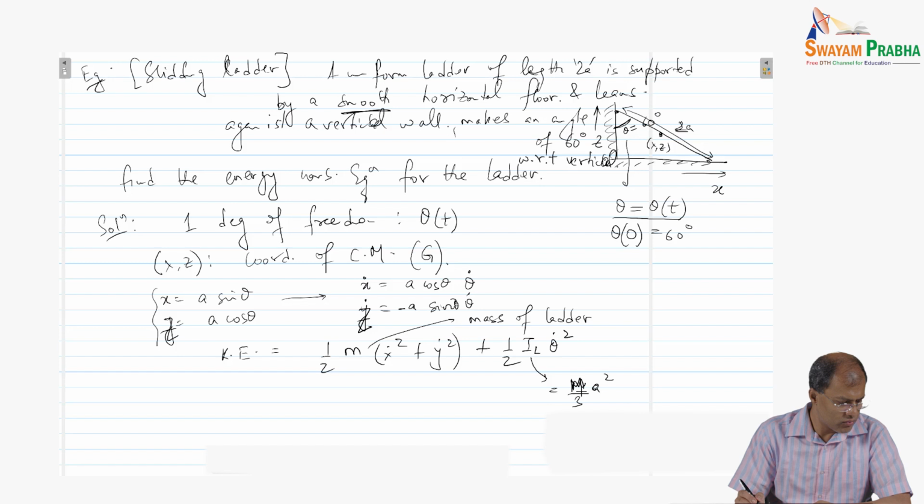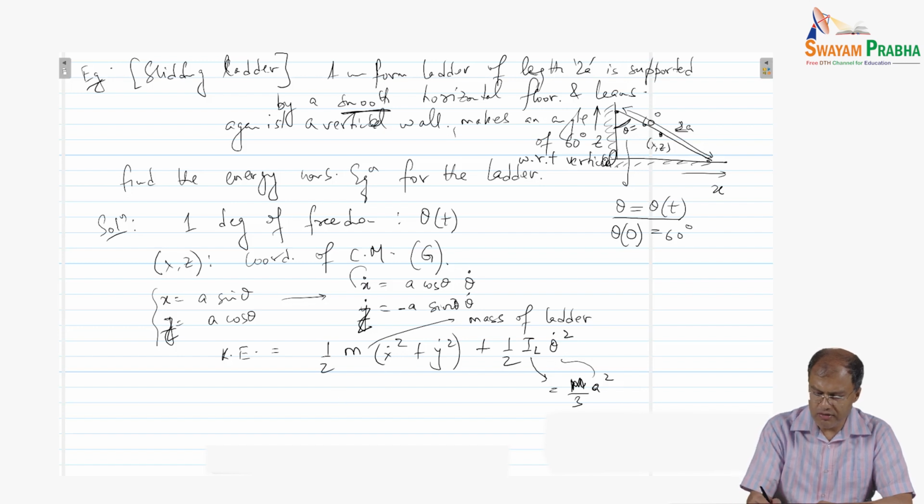Okay, so then we can substitute everything. When we substitute all these details, we find that the total kinetic energy comes out to be 2 by 3 m a square times theta dot square.